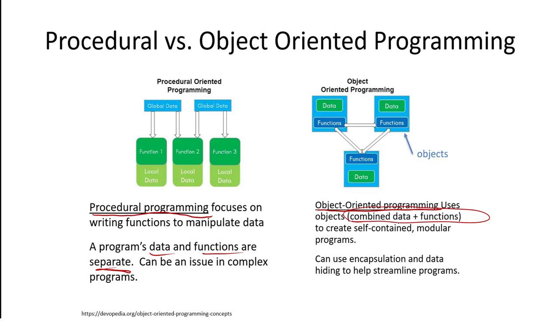And as we saw in our example earlier, object-oriented programming can allow us to have additional capabilities like encapsulation and data protection. And these features can be really important for streamlining more complex programs.